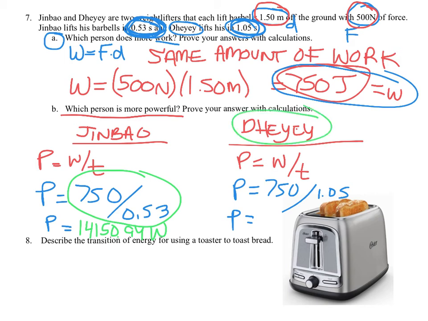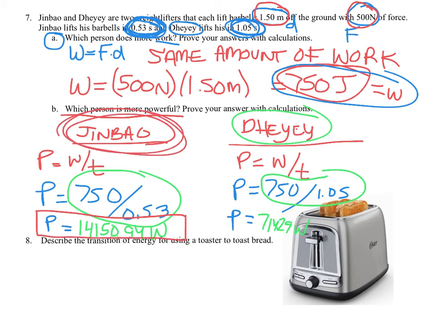If we do DA's now, 750 divided by 1.05, that ends up being about 714.29 watts. So who ends up being more powerful? Because Jinbao lifted it more quickly, Jinbao is more powerful. So Jinbao is our answer.